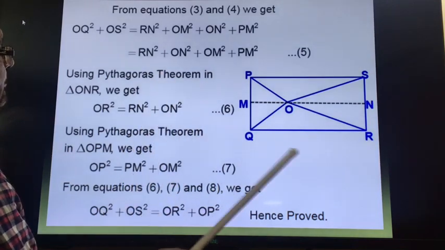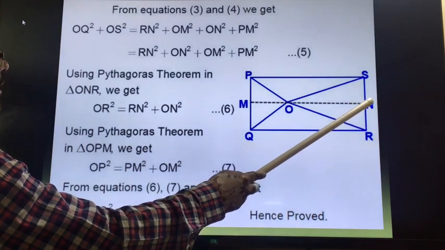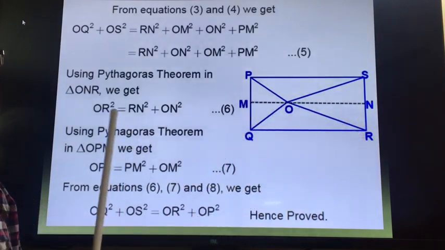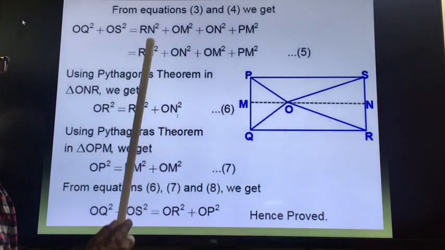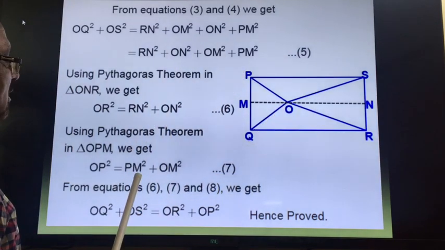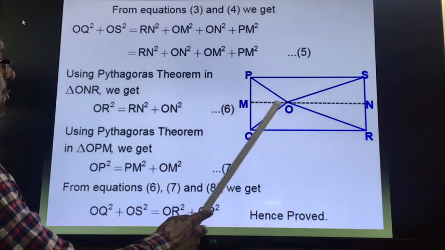Now we can see RN square plus ON square will be equal to OR square. So OR square is equal to RN square plus ON square, and similarly OP square is equal to PM square plus OM square.